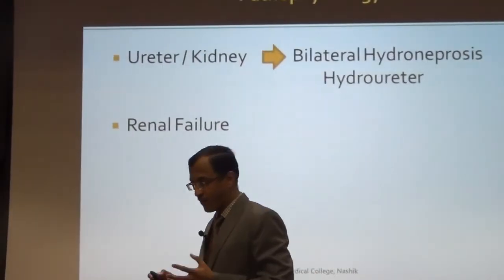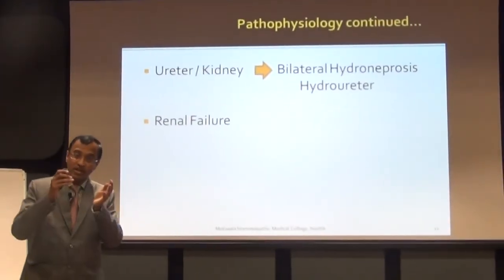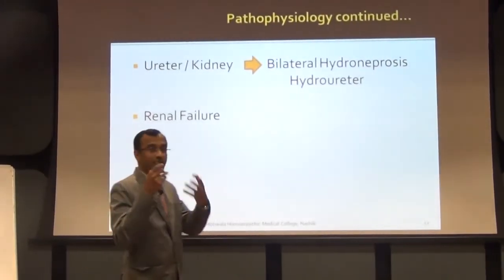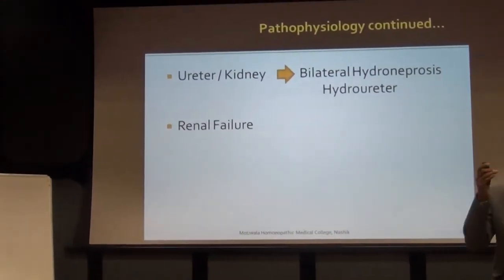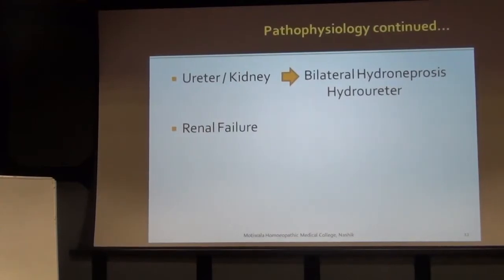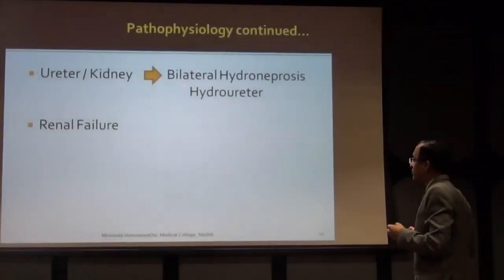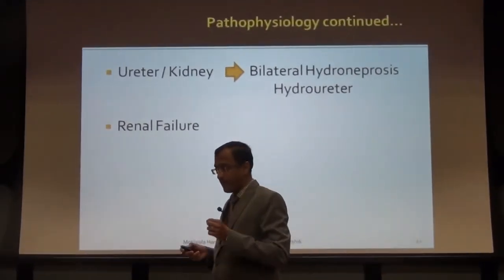This hydronephrosis causes pressure, and this pressure causes atrophy of the renal functional tubules, and once that develops, it will slowly deteriorate the renal function. So this is a very key thing we have to understand in the sonology report.